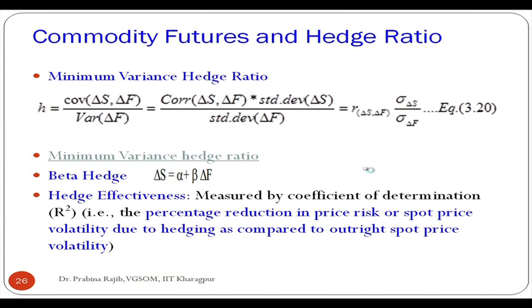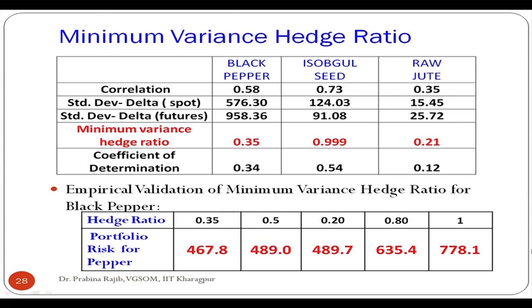Going back to our slide, this table, second panel, shows the various hedge ratio combinations with respect to the portfolio risk for black pepper, and you can see that with 0.35 as the hedge ratio, the portfolio risk is lowest.